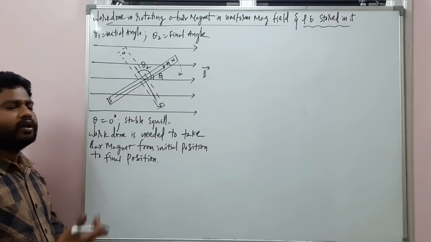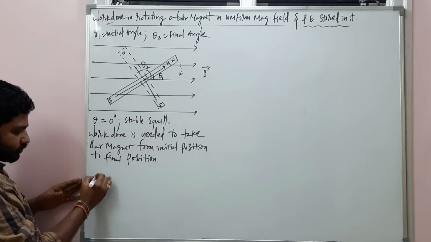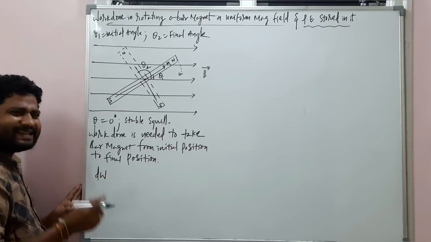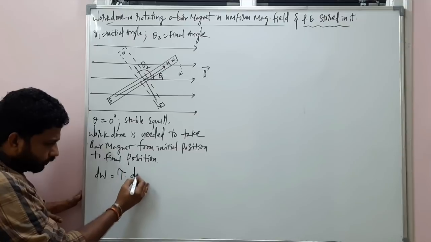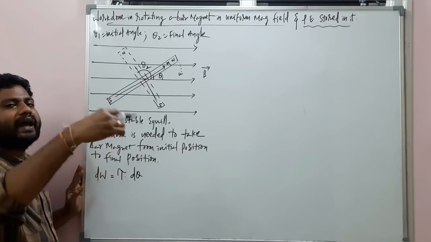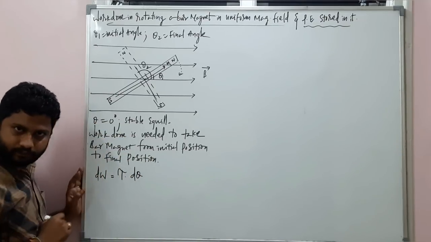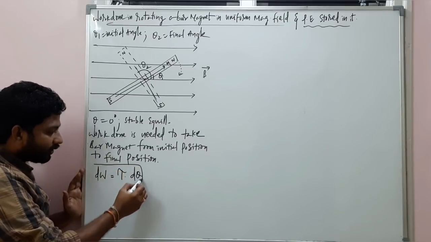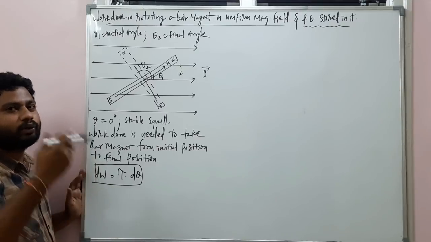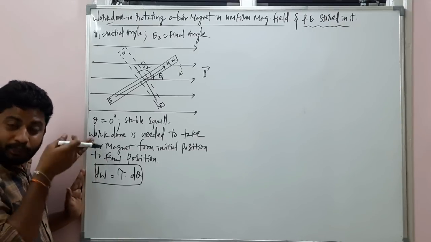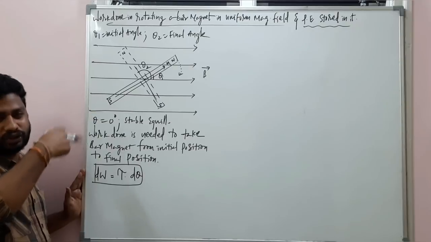So that is why we'll use the formula. A small work done is needed to deflect a small angle, d theta. This is the formula, from where you got it. In translatory motion, we know work done is equal to force into displacement. But here it is a rotational motion the body is in.